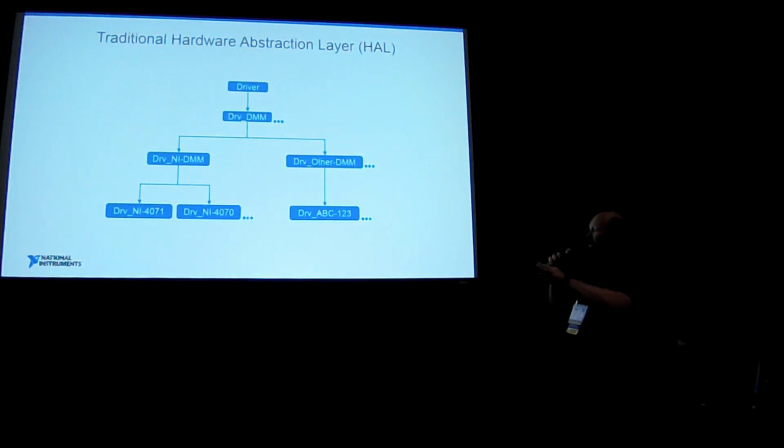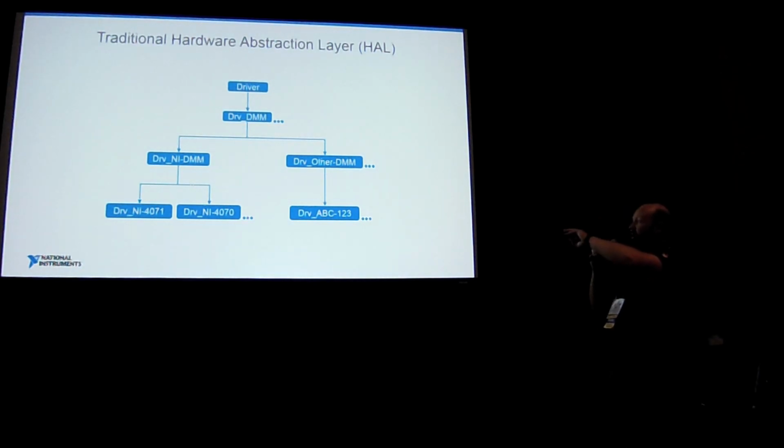Okay, so I talked a little bit earlier about the traditional DMM, and this is what a traditional HAL would kind of look like. As you can see on the left, this is our NI DMM driver, and then you would have a third-party instrument driver here.